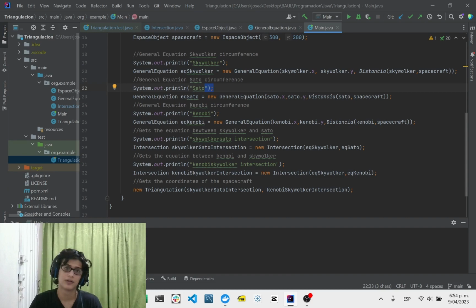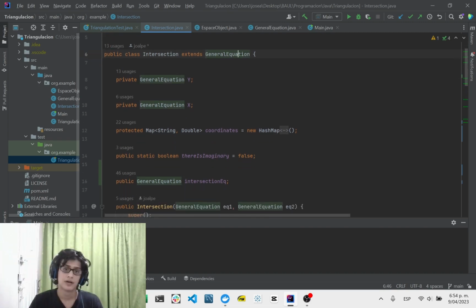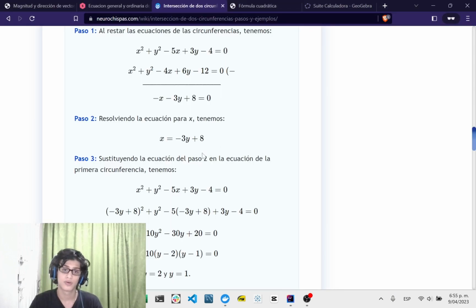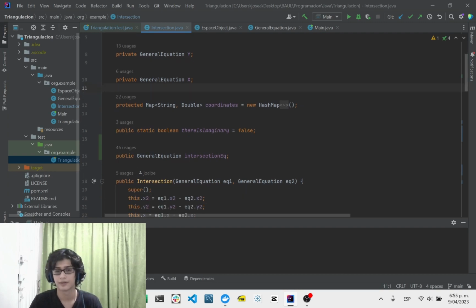To do that, I use another class that is intersection, which extends general equation, and I add new attributes, for example, general equation Y and general equation X. Why? Because, like I said, I'm going to clear the X or the Y, and I need to save it here, because it's a little difficult to operate with polynomials, so I have to create a lot of things.